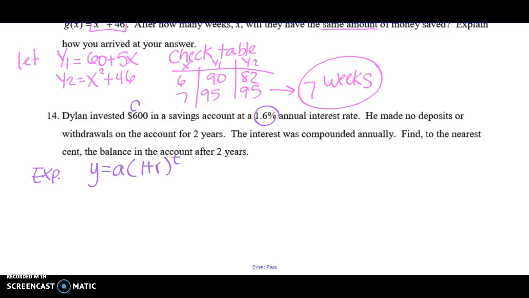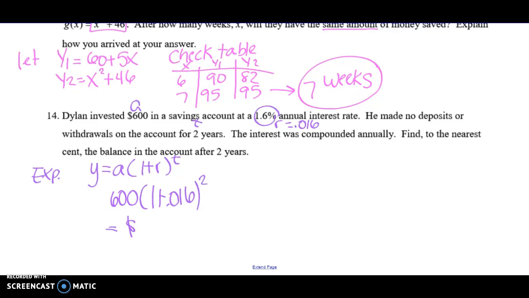Remember, A is our start. R is that interest rate, but we need to convert it to a decimal, so 1.6 divided by 100 gives you 0.016. And T is our time. So plugging that in, we just need to then find an answer.